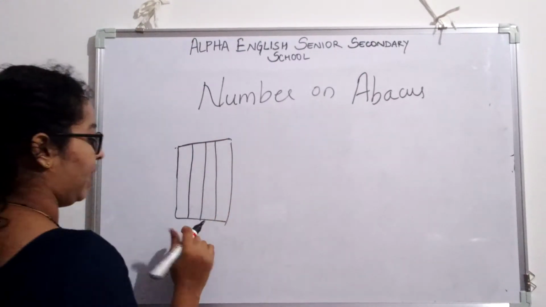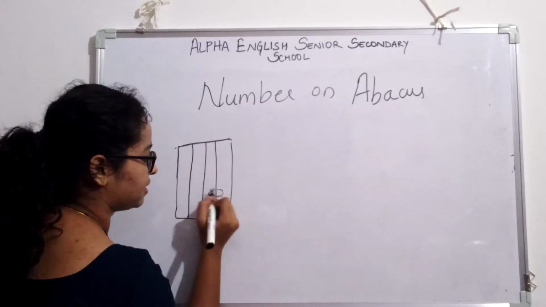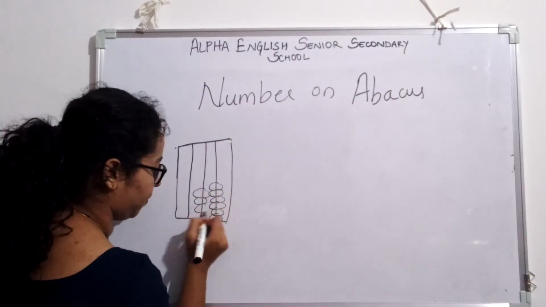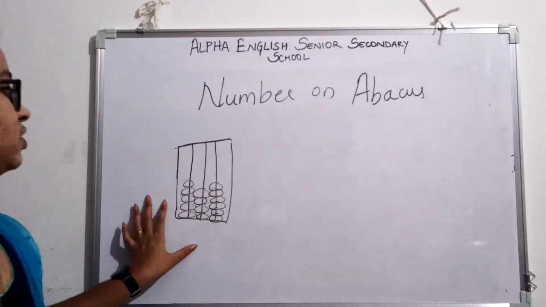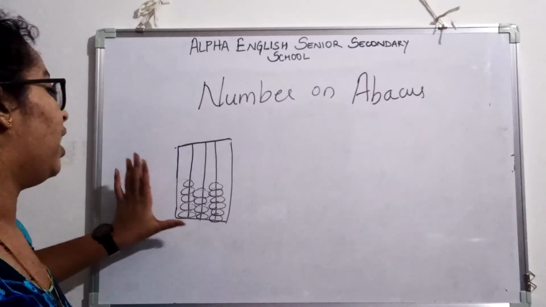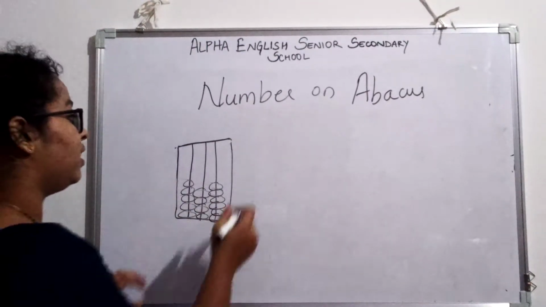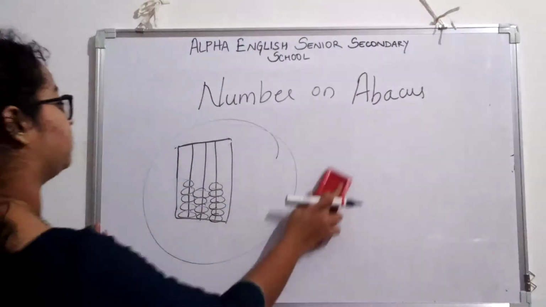And it has beads on them like this. So we have to learn how to determine a number in this form. Okay, so let's start.